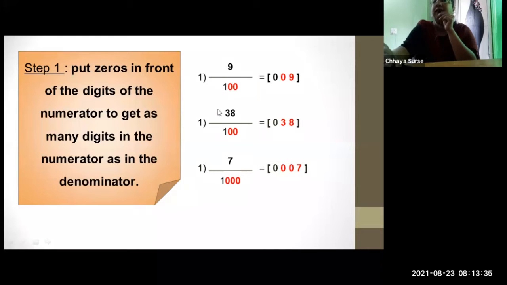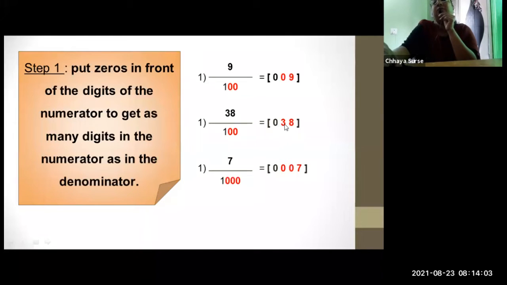If the numerator and denominator are equal in digits, then you can put the point. So how many zeros are here? 2. So before the 2 digits, you will put the point here: 0.09.